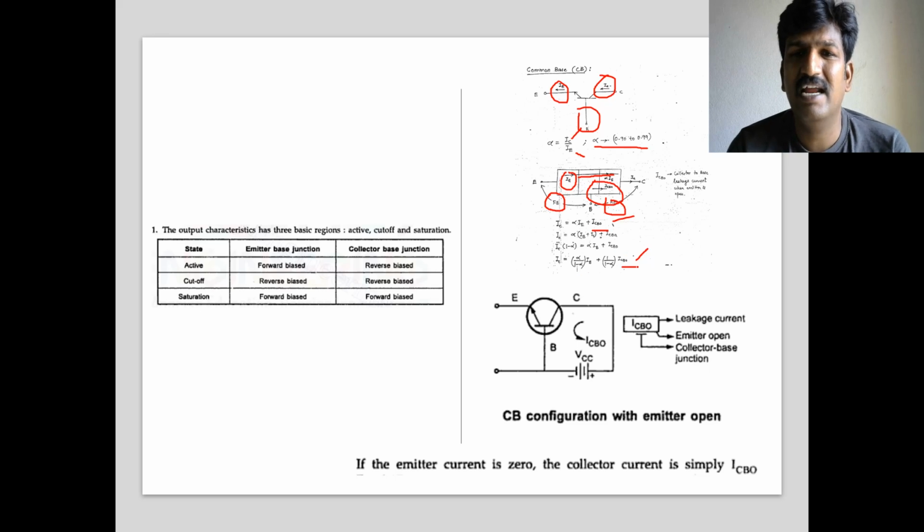You should understand ICBO is the leakage current between the collector and base when the emitter terminal is open. Emitter terminal open means there is no power supply between the emitter and base. So if emitter current is 0, the collector current is simply ICBO, the leakage current between the collector and base.